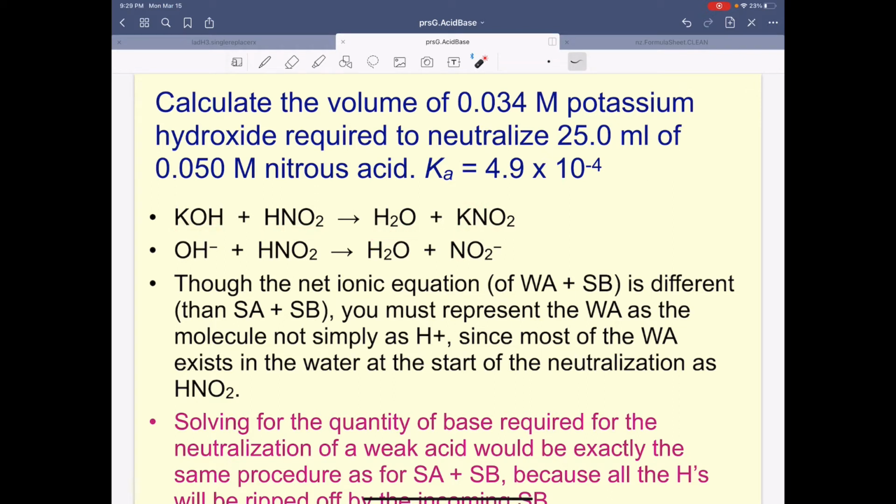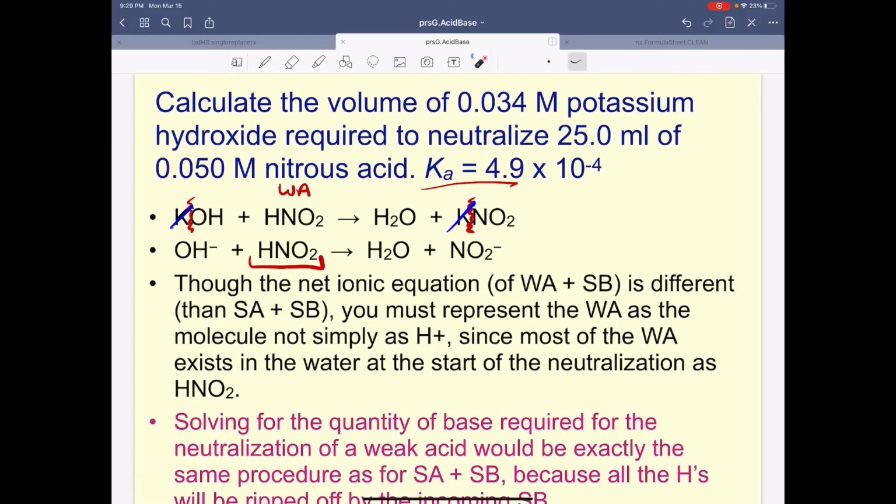However, we need to remember that our nitrous acid is a weak acid. It's not one of our 7 strongs, so by default, or the presence of this Ka, which we don't know much about yet, would tell us that this is a weak acid. So we can certainly know that the potassium hydroxide is ionized, the alkali nitrite is ionized, which allows us to cross the potassium out of our net ionic equation.